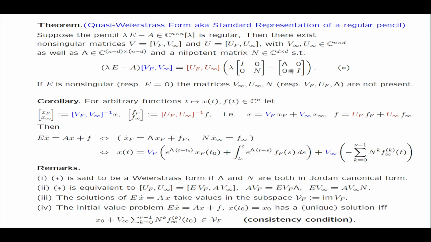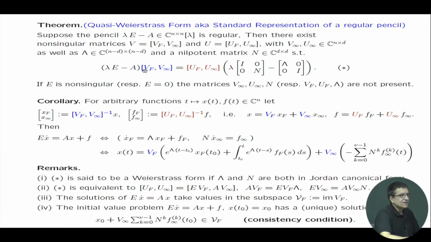So here we can have any matrix. No, we cannot have any matrix. We can have a matrix from a certain equivalence class. On one of the next slides, we will see that this matrix lambda and this matrix N are unique up to similarity. So, okay, this is our transformation.